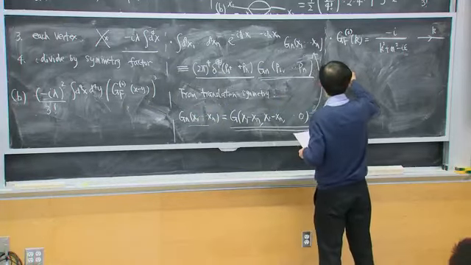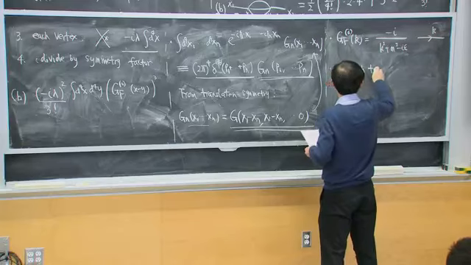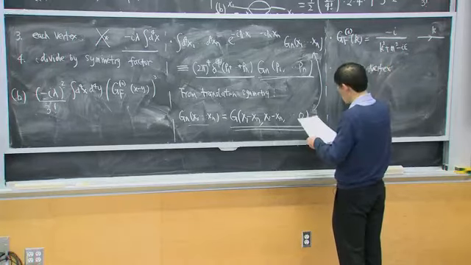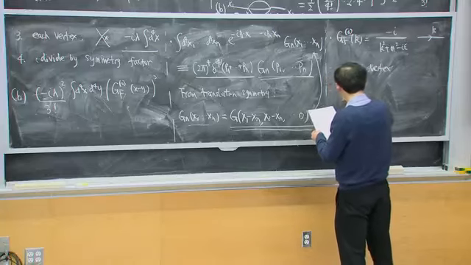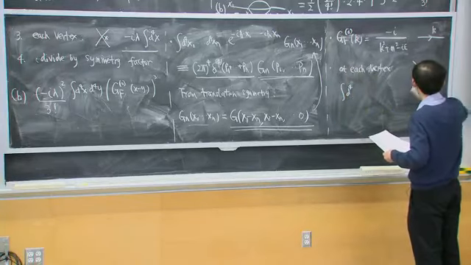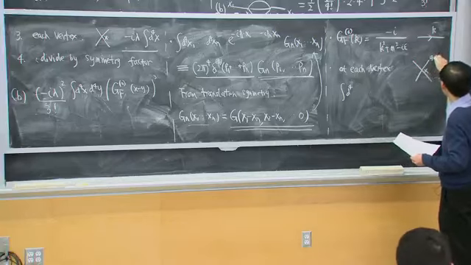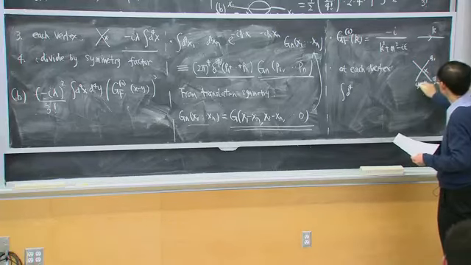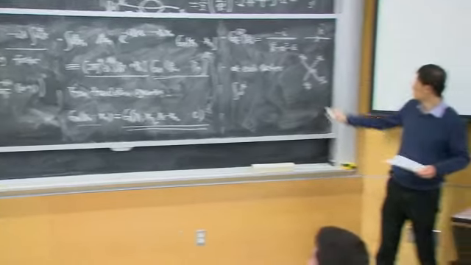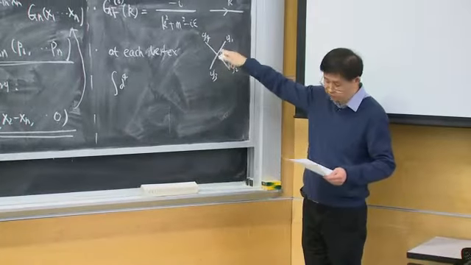At each vertex, we have an integration. Suppose we have a vertex like this. Here is x, and this is contracted with y1, y2, y3, y4. So these 4 phi's are contracted with 4 different y's.